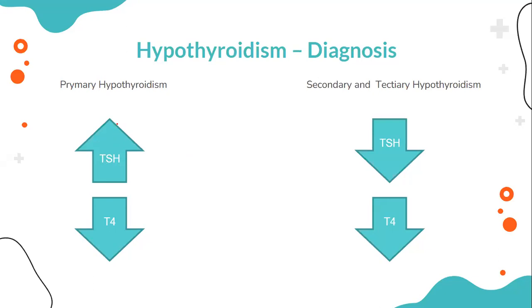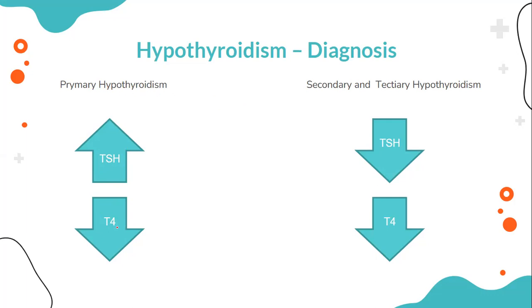TSH would be increased and T4 is lower than usual. And T4, you know, T4 and T3 are actually formed in the thyroid gland. So that is why when we have this lower T4 and higher than usual TSH, we're talking about primary hypothyroidism.